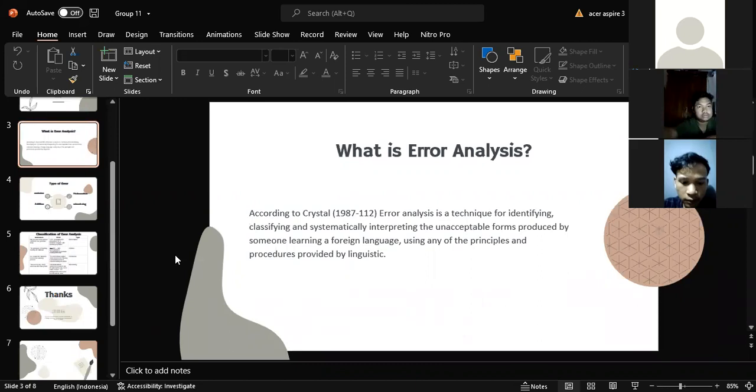According to Crystal, error analysis is a technique for identifying, classifying, and systematically interpreting the unacceptable forms produced by someone learning a foreign language, using any of the principles and procedures provided by linguistics.